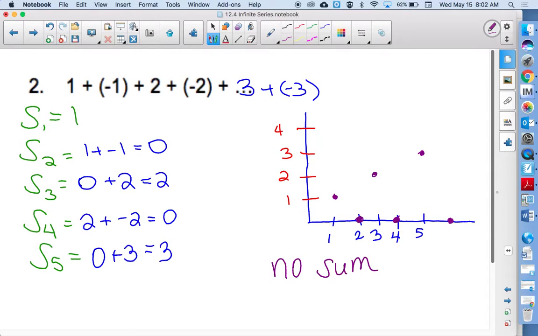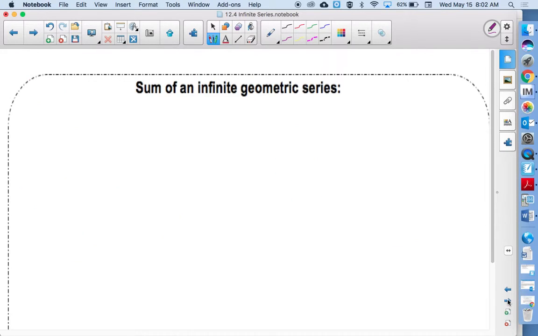So of course, that's one way to find the sum, by graphing and finding partial sums. But there has to be another way, because somebody created a formula that makes it way easier to solve instead of finding all of the sums and graphing it and trying to analyze the data, because that's what math people do. So there's a little box that says the sum of an infinite geometric series, and that part there is really important.